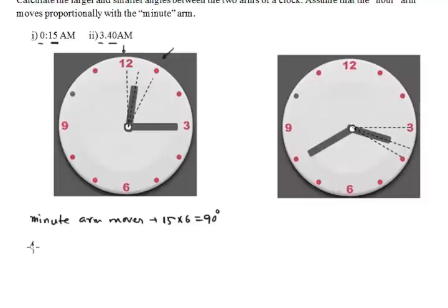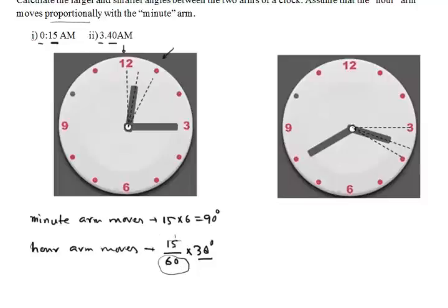So the hour arm moves in this 15 minute time. When the minute arm moves from here to here, that is 15 minutes, the hour arm will move 15 divided by 60 times 30 degrees. Why? If in 60 minutes the hour arm moves 30 degrees, it will move proportionally.